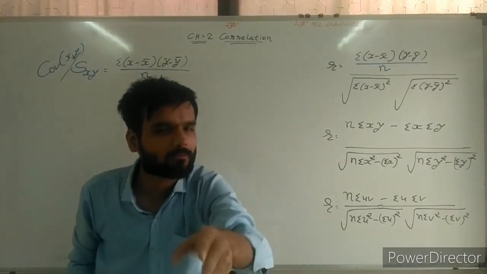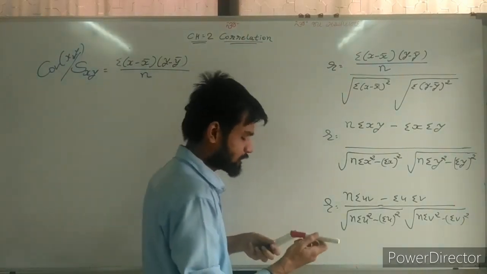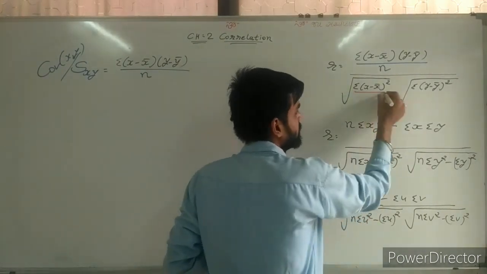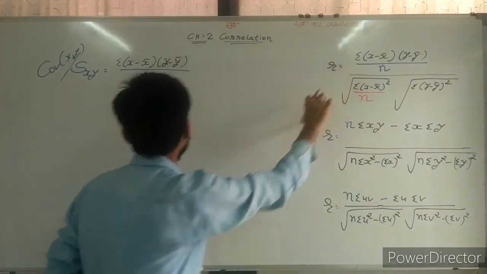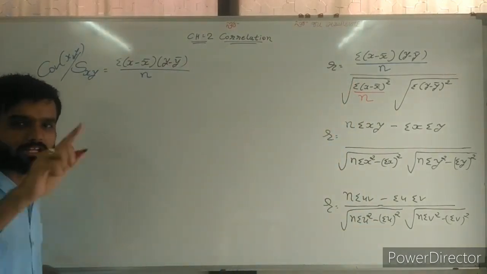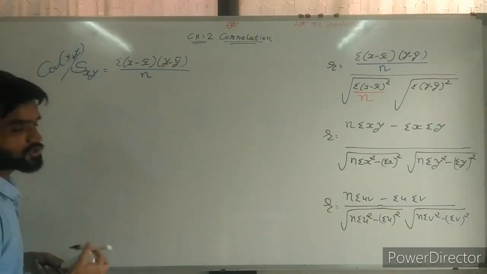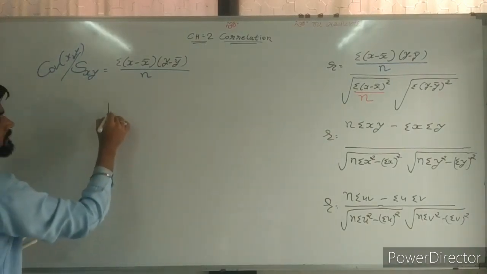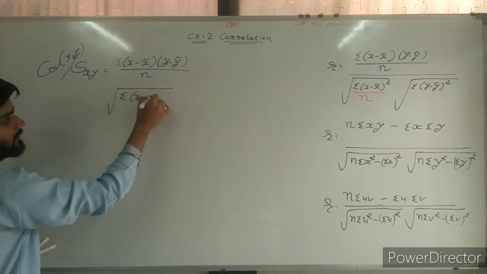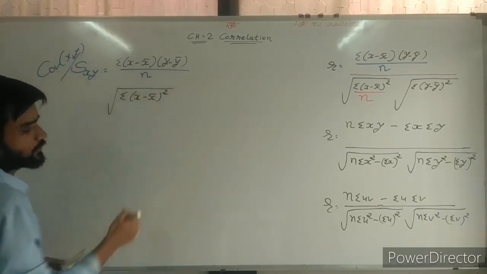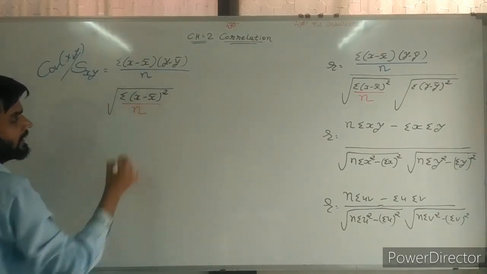In the same way, I can make the other two formulas on this basis. Here also, divide by n. Write it separately here and you will get the second formula. First of all, I am writing here root of sigma (x minus x bar) square divided by n.